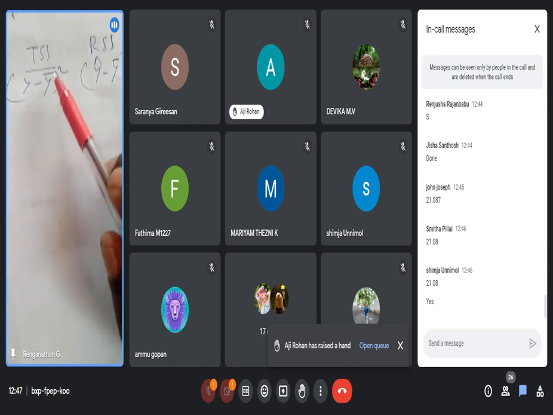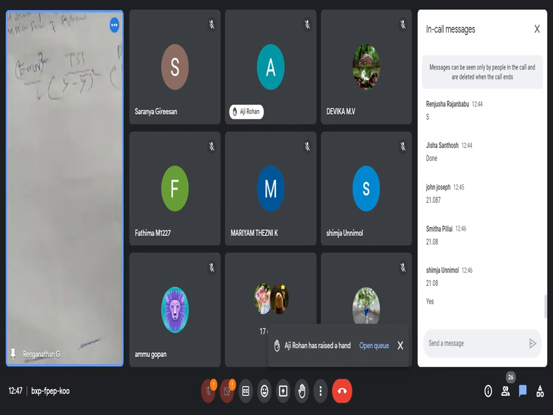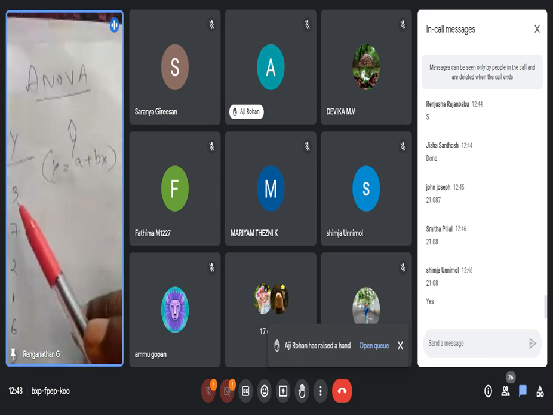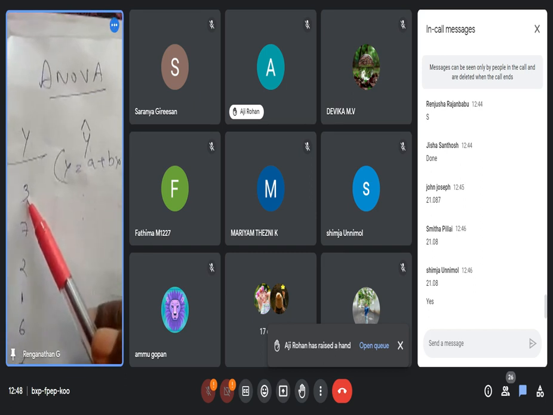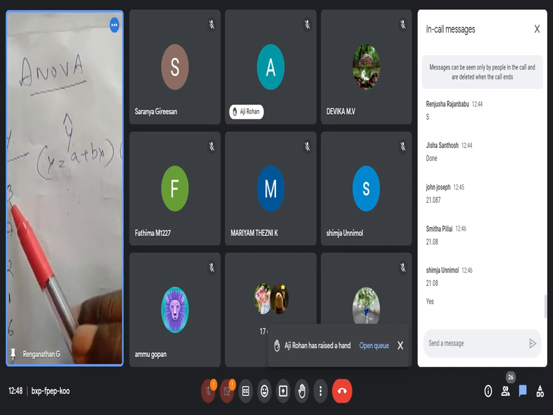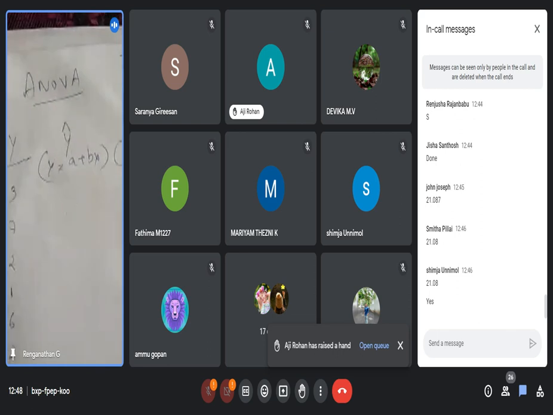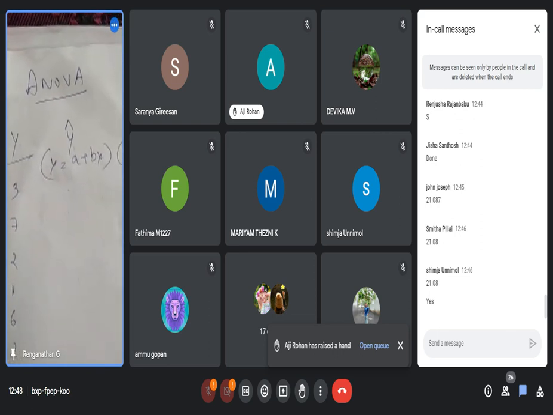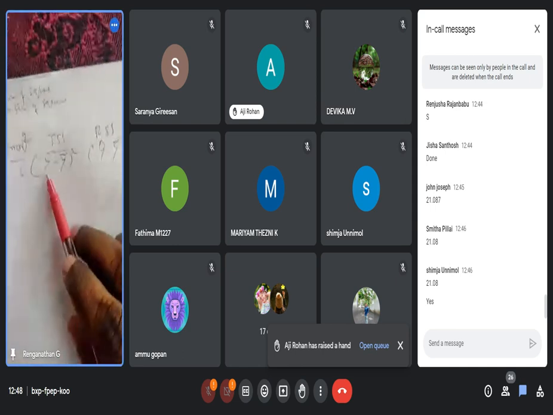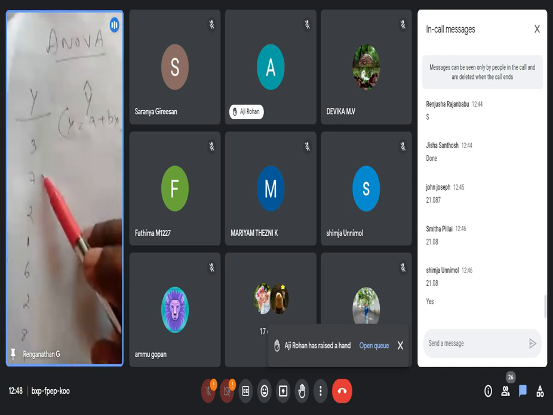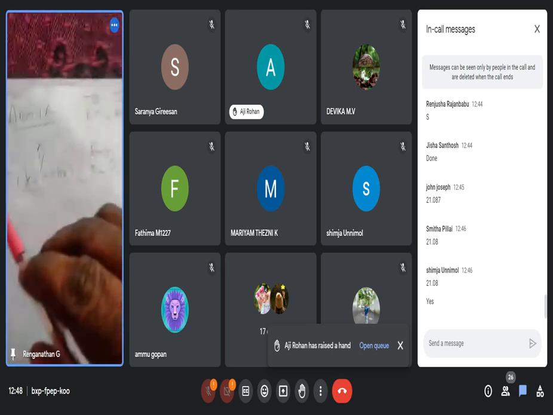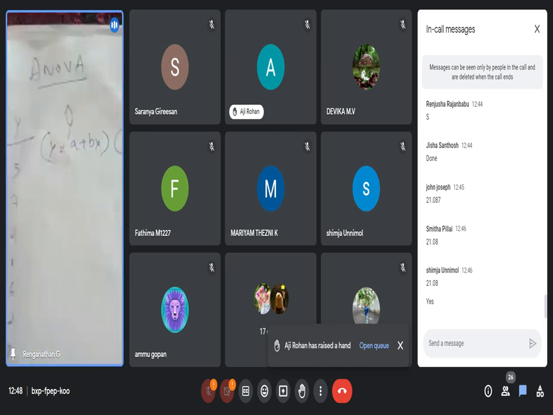Y minus y mean square. That means it involves some difficult calculation. See, each y value, that means the first y value is 3. From that, what is the y mean? I think it is 4.3. Then 3 minus 4.3. Then 7 minus 4.3. By taking this value and then squaring the values also. 3 minus 4.3 and square that value.